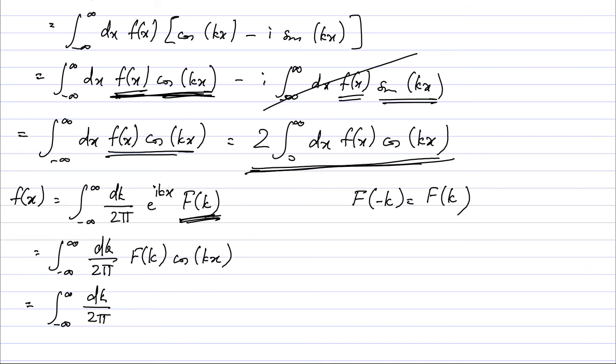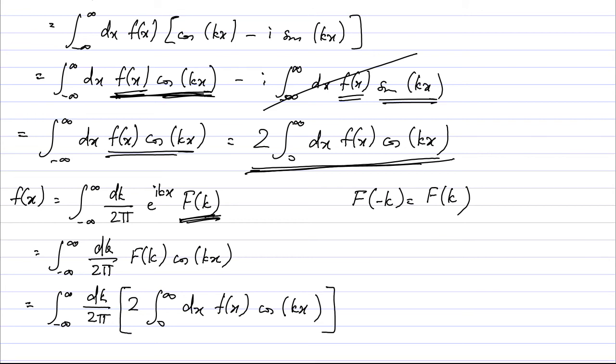So I have 2 times the integral from 0 to infinity dx, and you have f of x cosine of kx. Okay, so just so that there is no confusion, I should be putting a prime over here so I don't confuse this x with that dummy variable, and you have that.